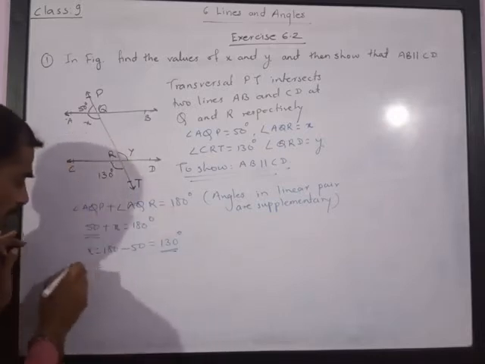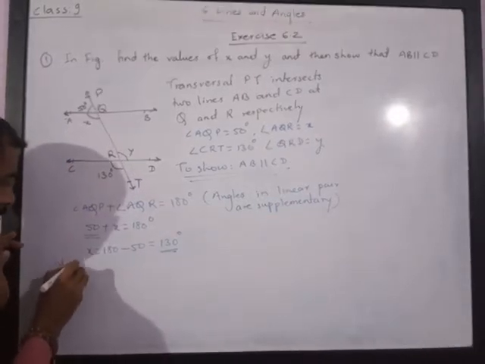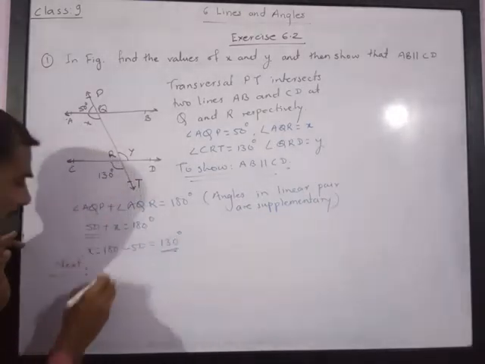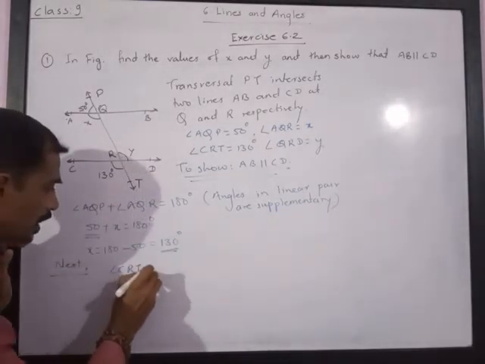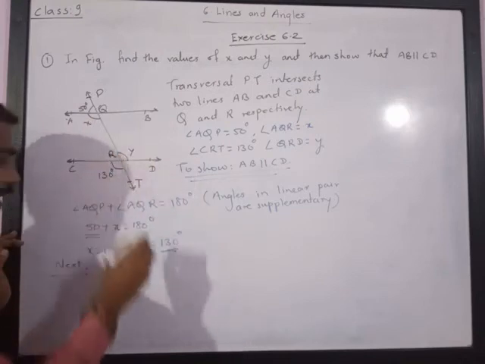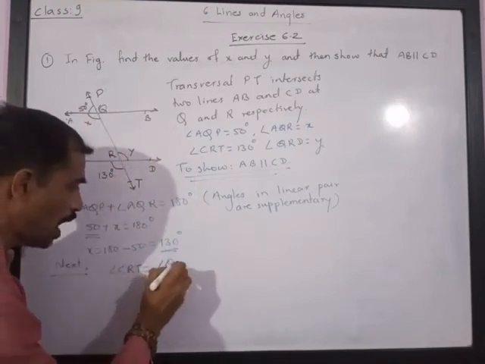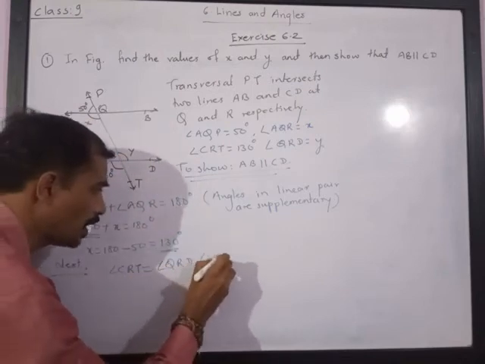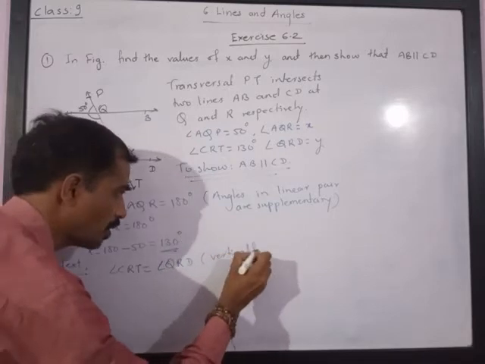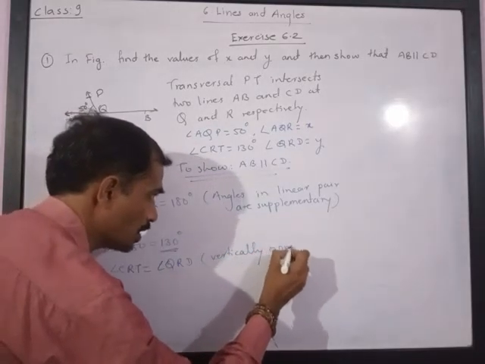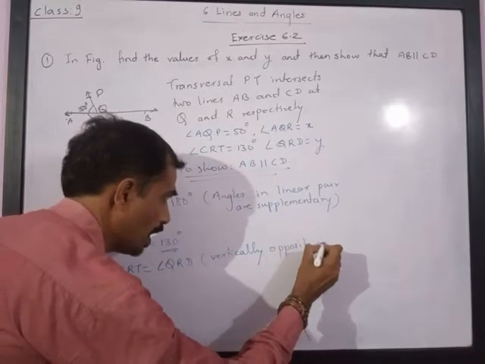Here angle CRT is equal to angle QRD. Reason: they are vertically opposite angles.